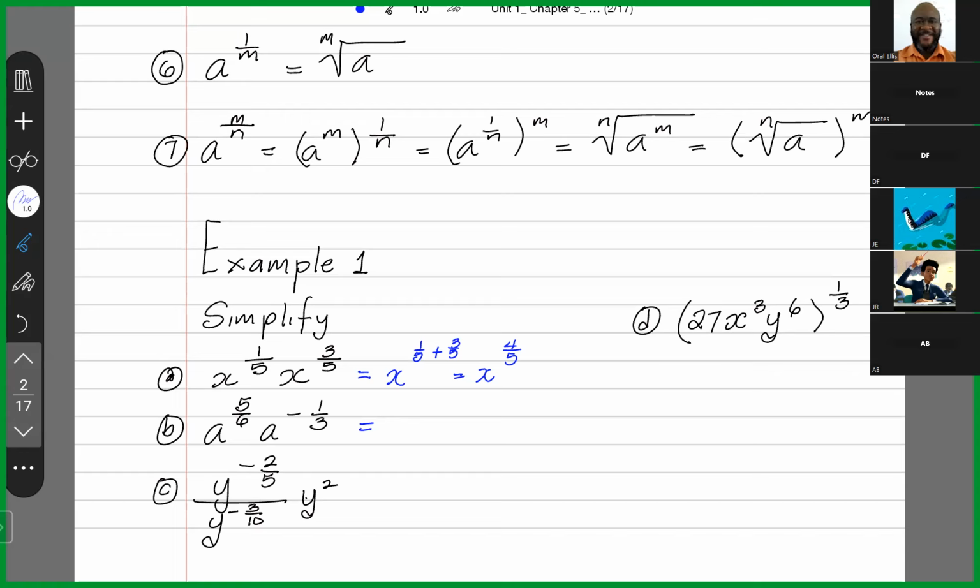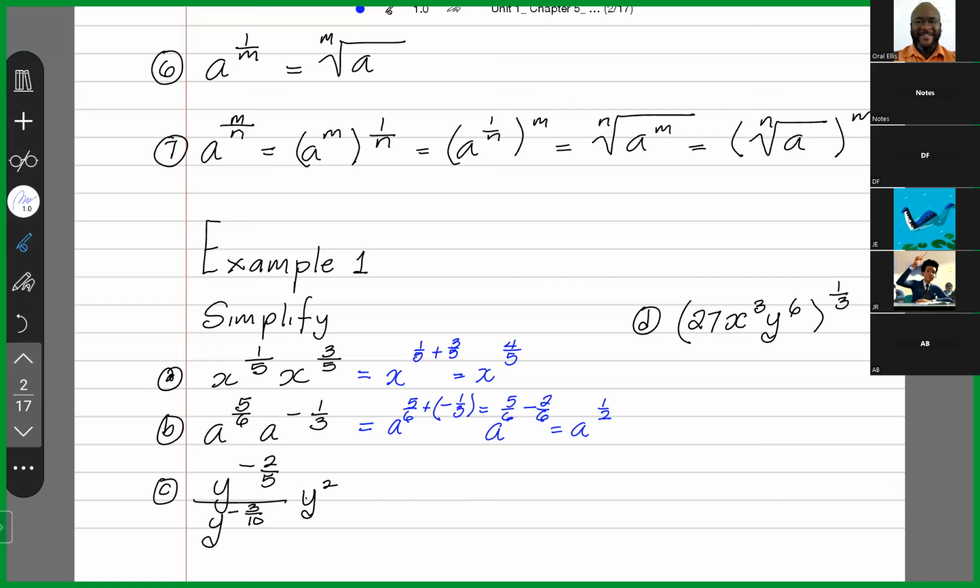So we have a to the 5/6 plus minus 1/3. This is the same as saying a to the 5/6, a positive times a negative is a negative, and 1/3 is the same as saying 2/6. So this would be a to the 3/6, which is the same as saying a to the half power.